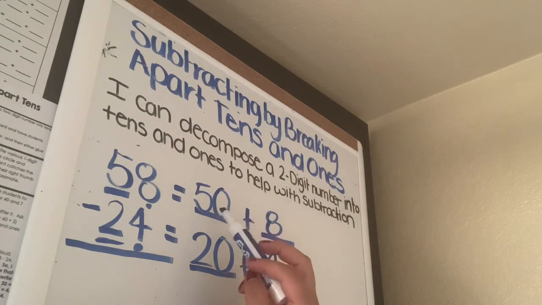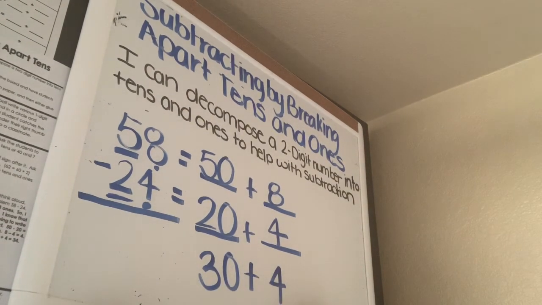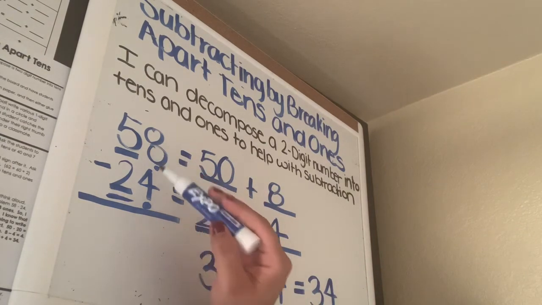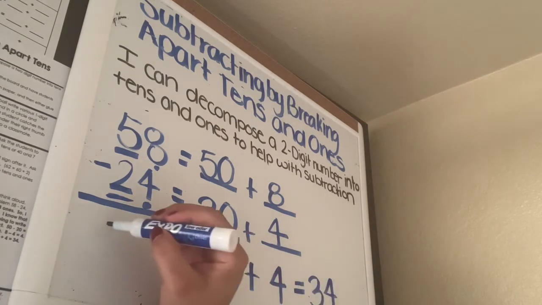So 50, 40, 30. So you end up getting 30 plus 4. And then we add that. 30 plus 4 is 34. So 58 minus 24 equals 34.